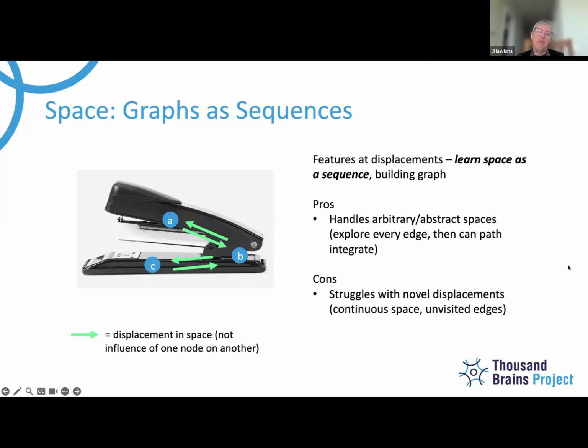This could be very confusing for people who have been here in the past. Basically, we were trying to represent models, and there are two basic ways you can do it. You can say these features are at some location in some reference frame, or you could say these features are at some displacement from each other.